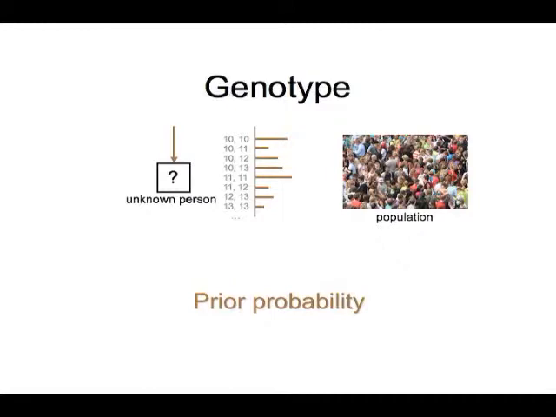So all that we can say is the genotype is some particular set of allele pairs up to probability, as determined by the population. And I've represented in the middle different bars representing degrees of probability for different allele pairs. So that's what we know as our prior probability before we see data.